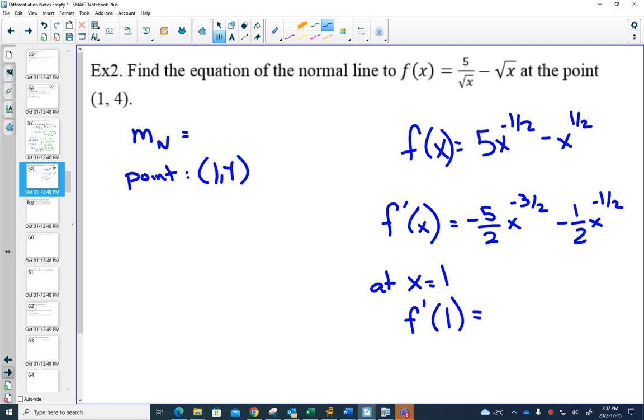At x equals 1. Okay? Now, to evaluate this, you might have to change this back to square roots.